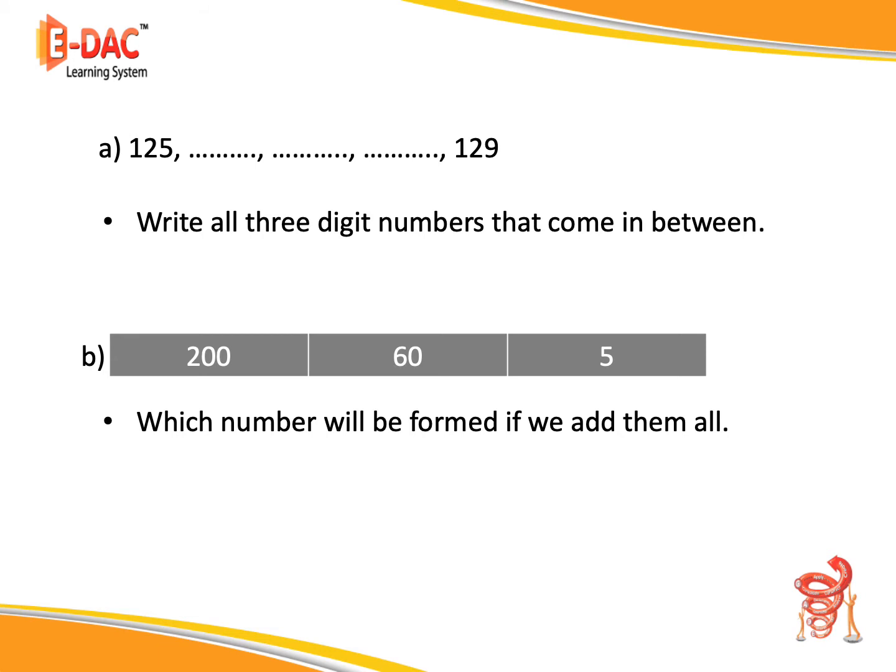The first number is 125 and the last number is 129. Identify what all numbers come in between these two numbers and write them in your notebook. For this, you can pause the video here.